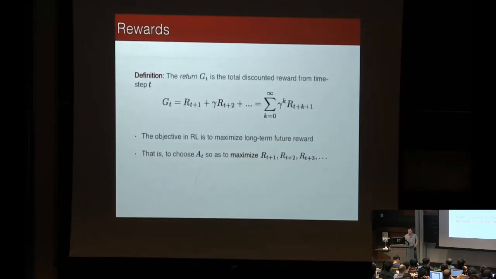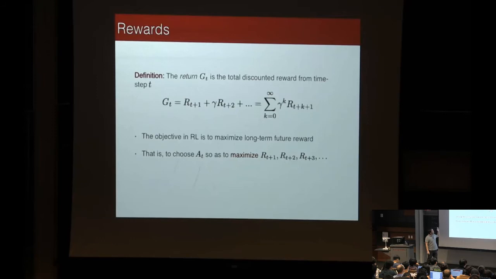Now let's look at rewards. The return G sub t is the total discounted reward from time step t. That's going to be our definition. You're at time step t, you take an action, the environment gives you the next state, and you get the next reward. You take another action, you get another state, another reward, and so forth.